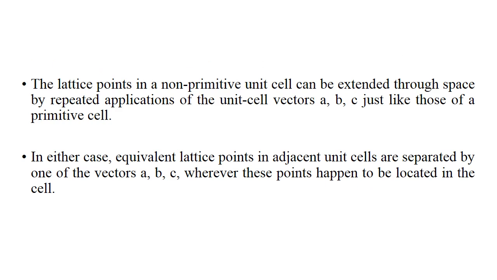At a glance, the lattice points in a non-primitive unit cell can be extended through space by repeated applications of the unit cell vectors A, B, C, just like those of a primitive cell.